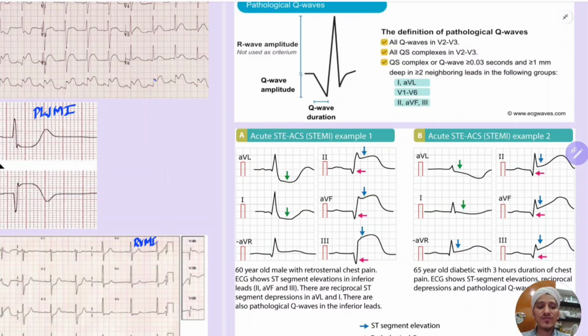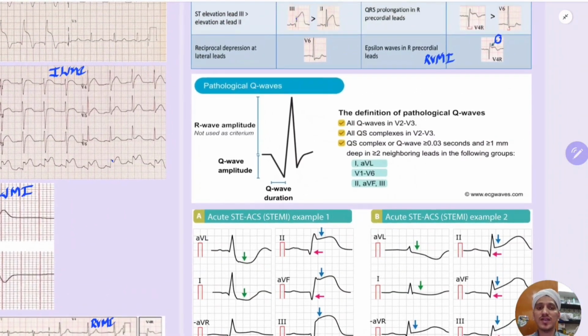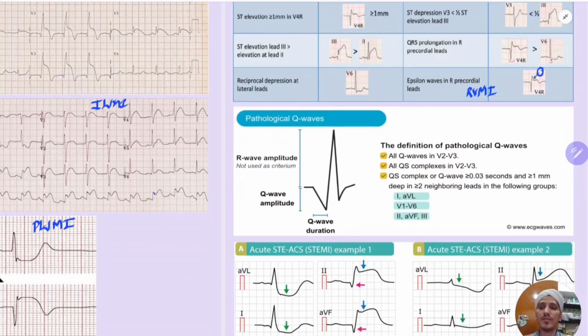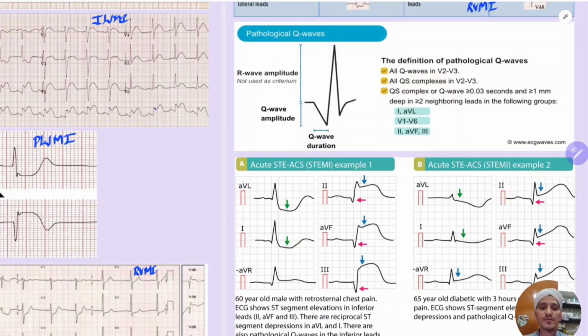If any one of these criteria is fulfilled, you suspect right ventricular MI, you take V4R and V5R and you confirm the right ventricular MI in inferior MI. Okay, now we will move on. That's about the major infarctions: inferior wall, posterior wall, lateral wall, right ventricular MI, anterior wall.